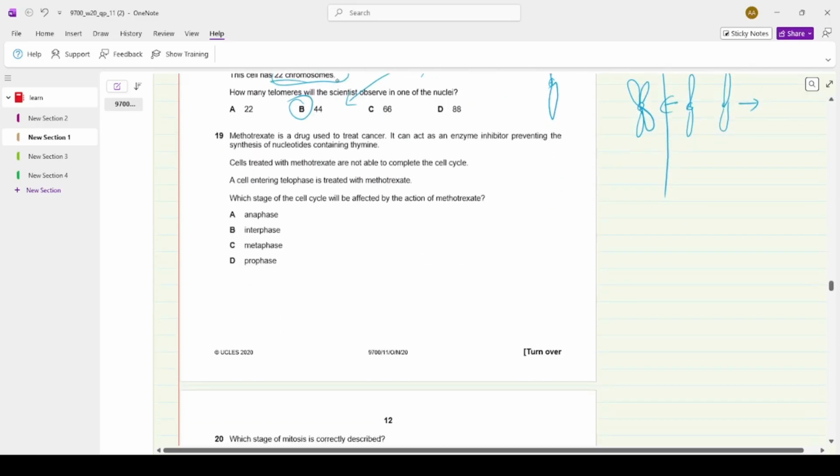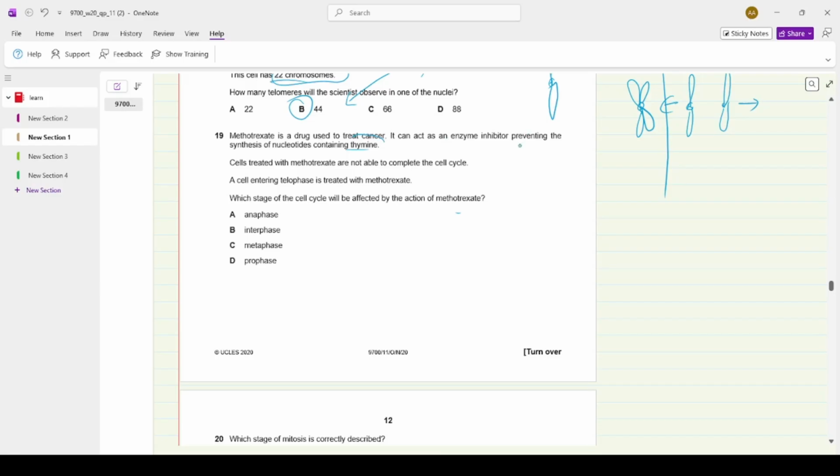Number 19, methotrexate is a drug used to treat cancer. It can act as an enzyme inhibitor, preventing the synthesis of nucleotides containing thymine. Cells treated with methotrexate are not able to complete the cell cycle. A cell entering telophase is treated with this drug. Which stage of the cell cycle will be affected by the action of this drug?